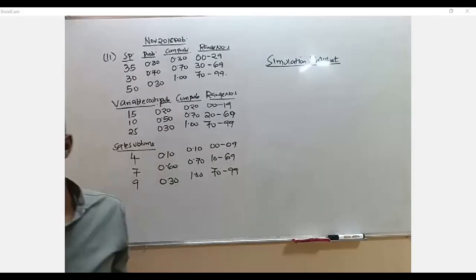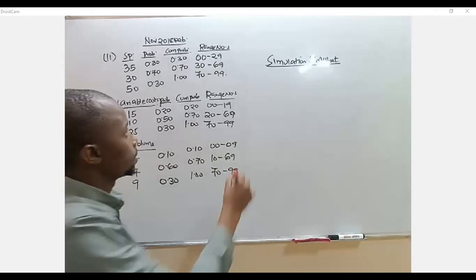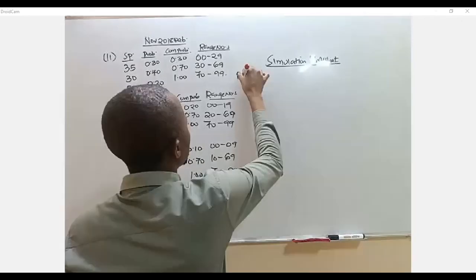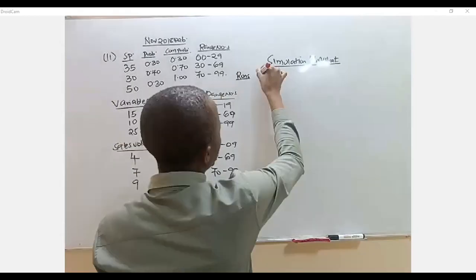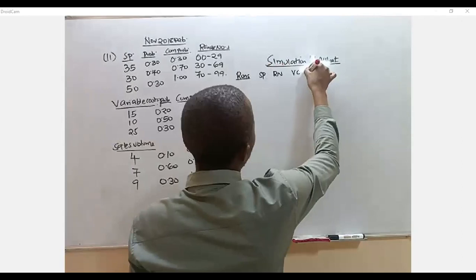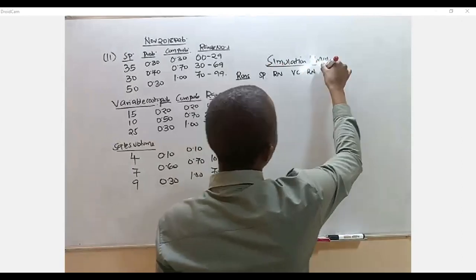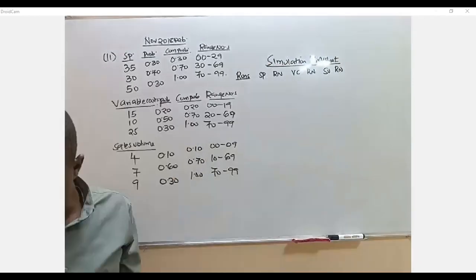So, I'm going to be having the number of trials. We can start with trials or runs. Let me write them here. You can have runs. Then we start with the selling price, random number. Variable cost, random number. Sales volume, random number. Right? Then what am I supposed to be getting there?